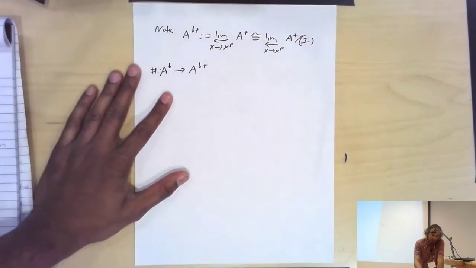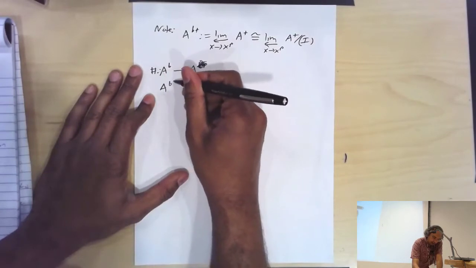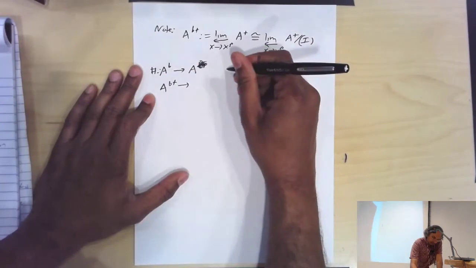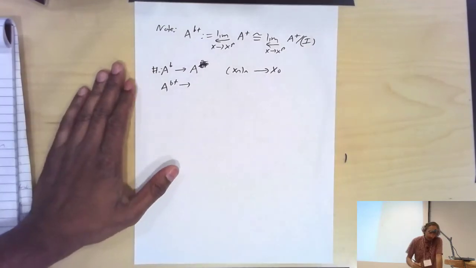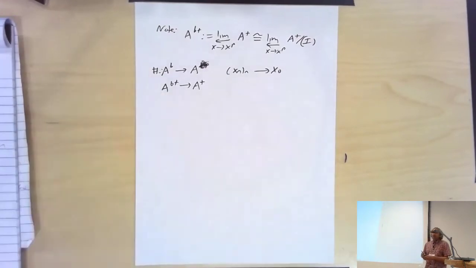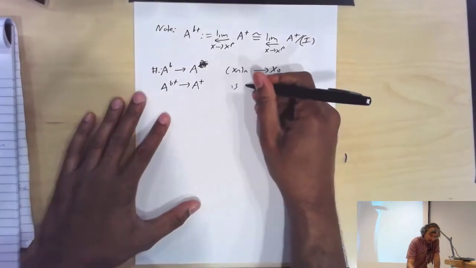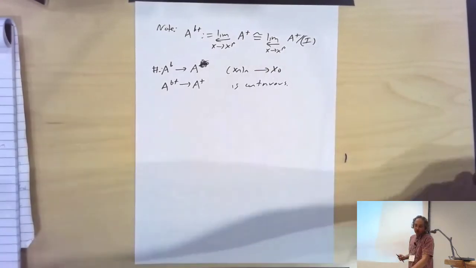So there's a projection map from A flat to A given by projecting a sequence onto the last component. And this likewise projects A flat plus onto A plus. So this will turn out to be continuous for the good choice of topology on here.